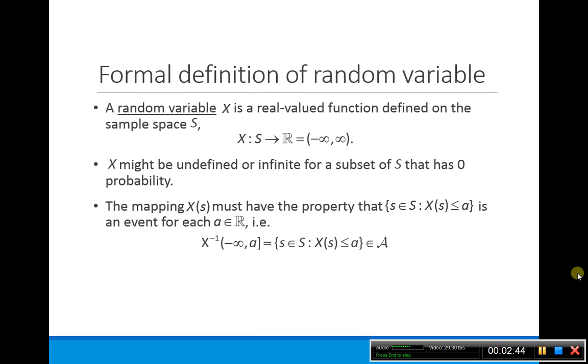Formal definition, again: X, the random variable X, is a mapping. It goes from our sample space to the set of real numbers. X might be undefined or infinite for a subset of S that has 0 probability.